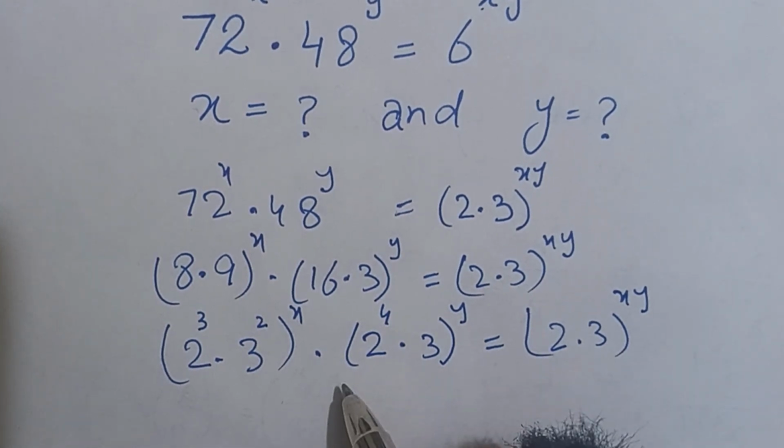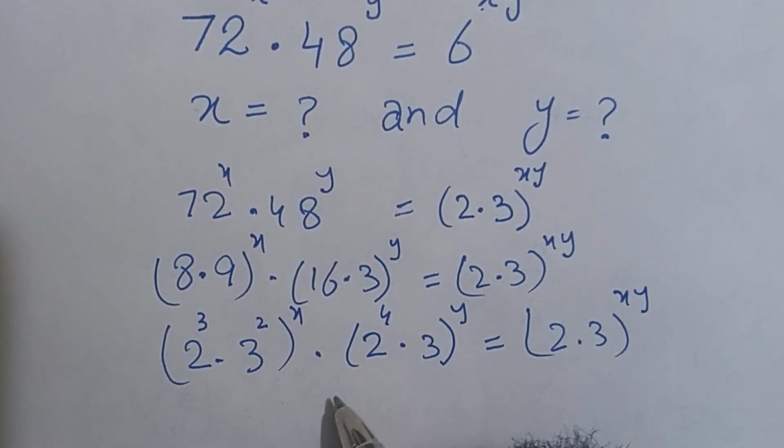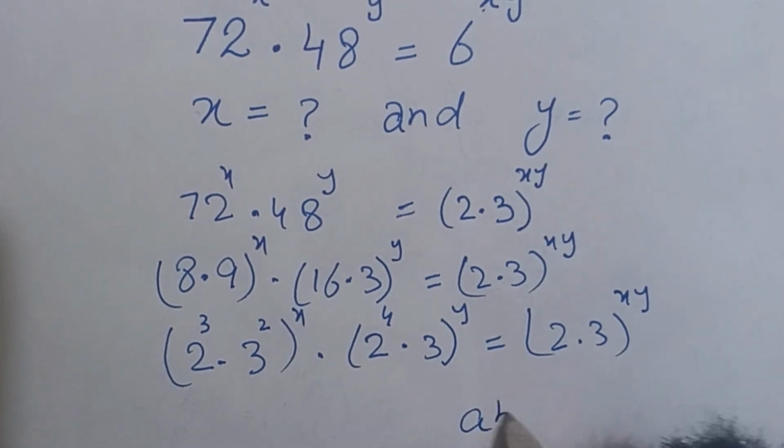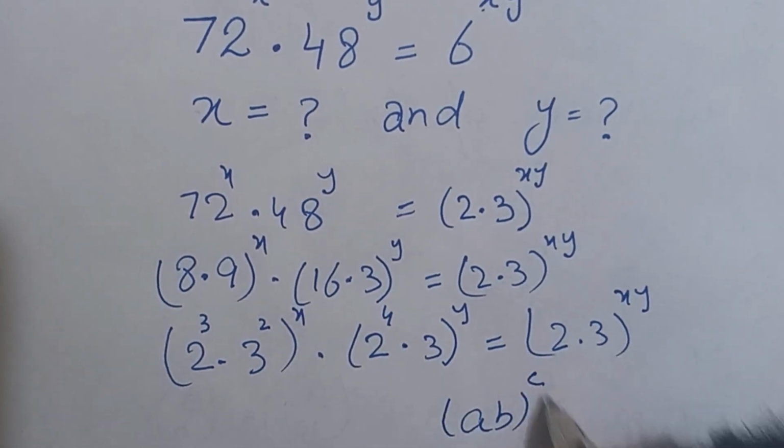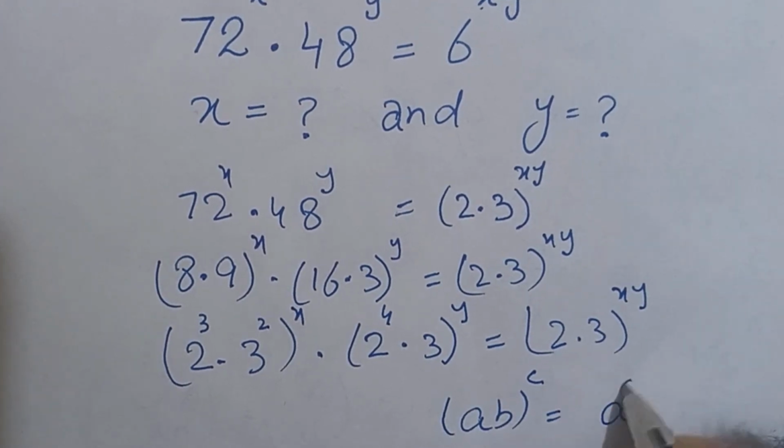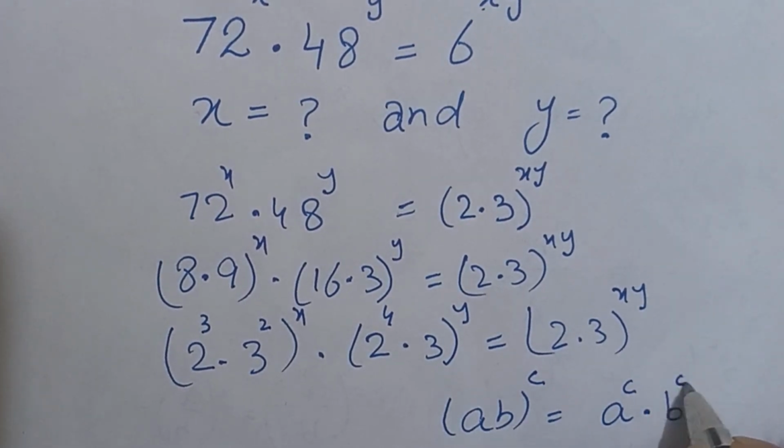In the next step, we apply an exponent rule. As we know, (ab) raised to the power c is equal to a raised to the power c multiplied by b raised to the power c.